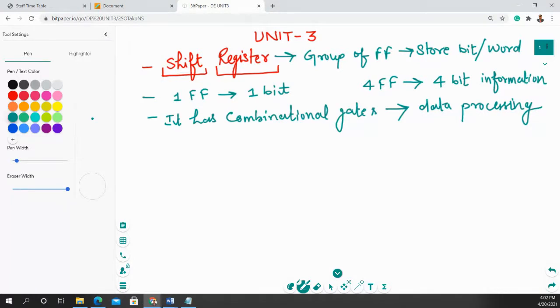A group of flip-flops sensitive to the pulse duration is usually called a gated latch, whereas a flip-flop sensitive to the pulse transition, we can call it a register. So in the storage register, mostly the D type of flip-flop is used.